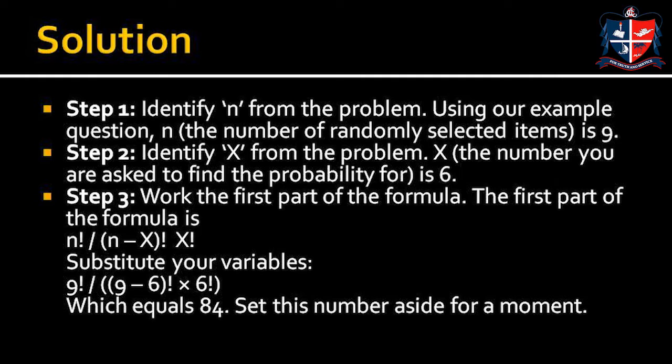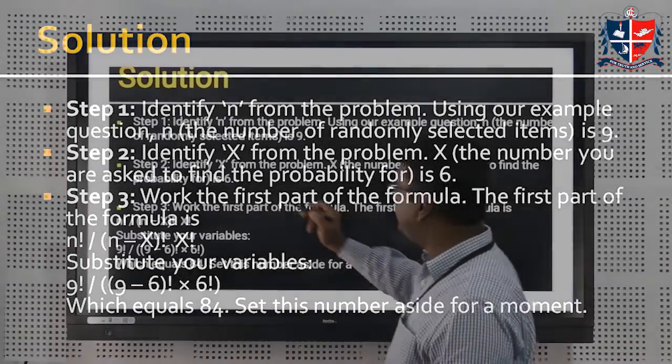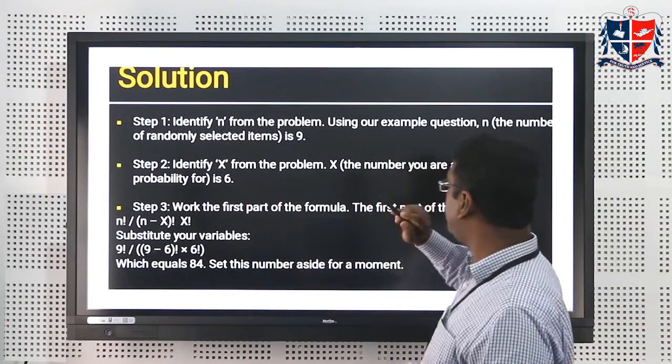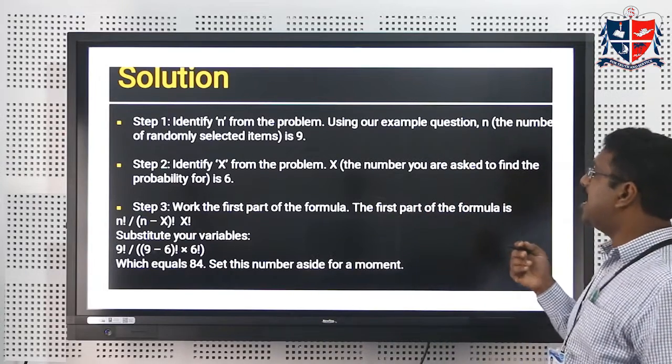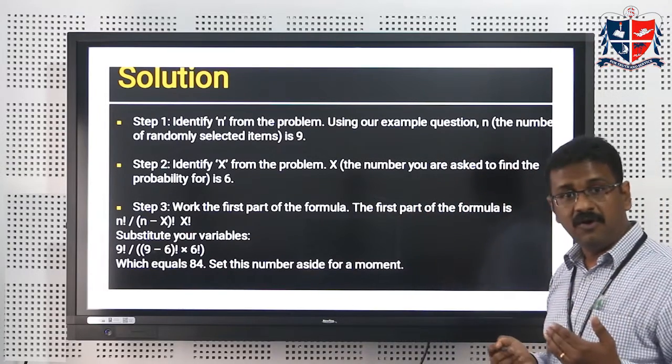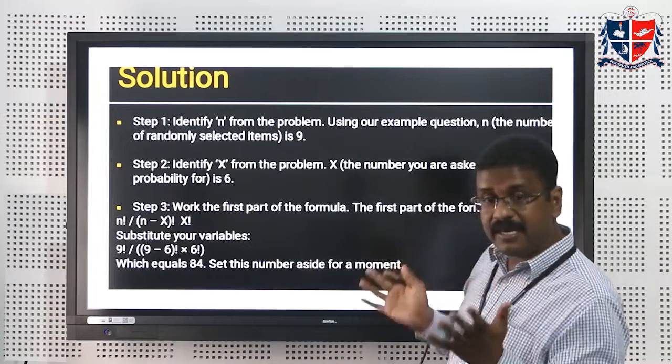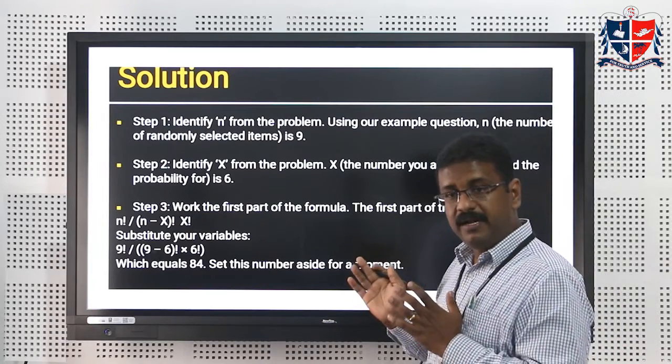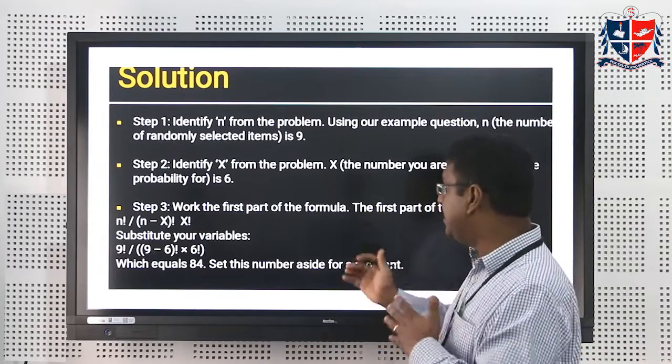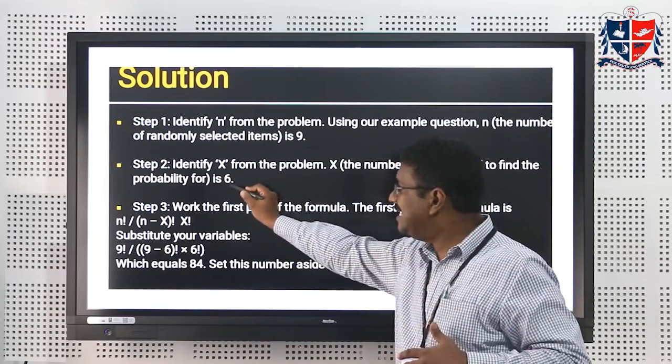We select 9 items, so that is n. The next one is we identify x from the problem. x is the number you are asked to find the probability for. How many insurance owners are women is what we are trying to find, so that is 6.